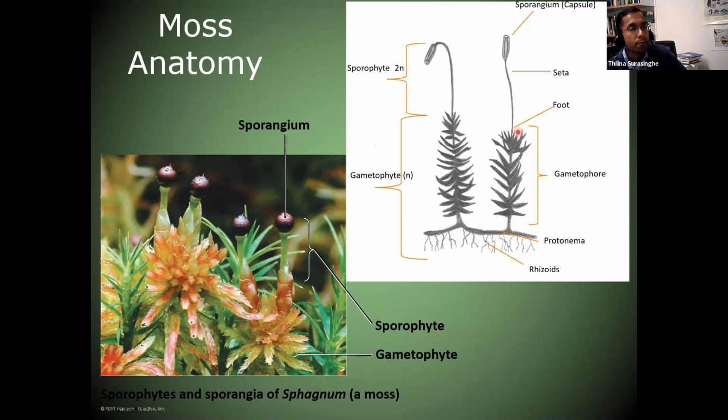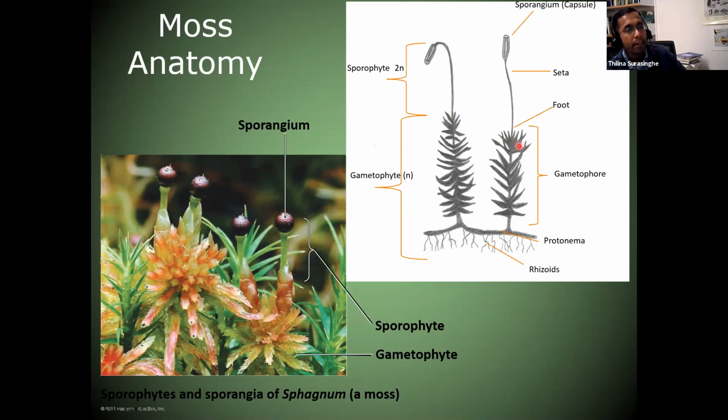This part is the gametophore, and it has these leaf-like structures. We have a particular name for them, and I will introduce the name later on. Then at the end of the gametophyte, depending on what kind of plant phylum it is, in the case of mosses, in male versus female plants, in a male plant, at the end of the gametophyte you have antheridia.